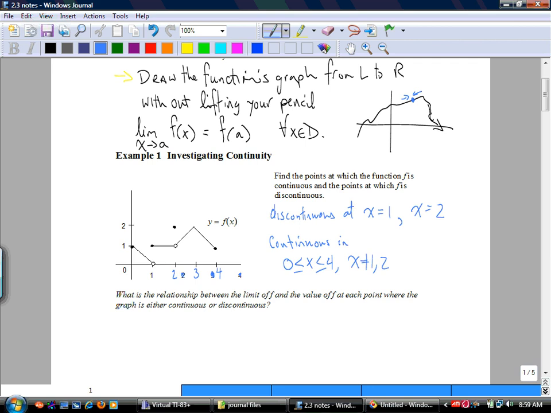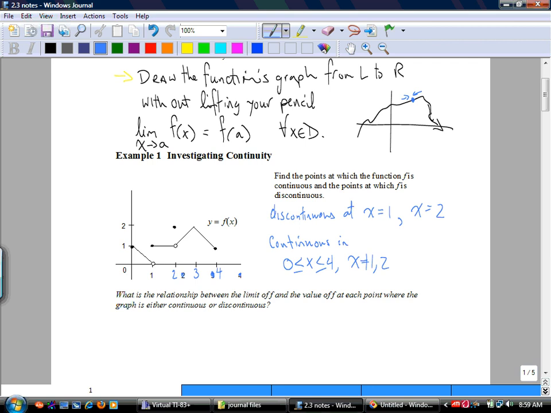Now we're going to talk about left-handed continuity and right-handed continuity. You would say the point x equals 1 has left-handed continuity. Yeah, but you don't need to worry about that. Just relax.